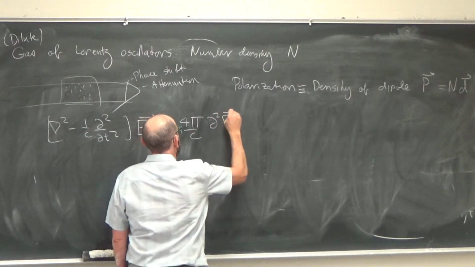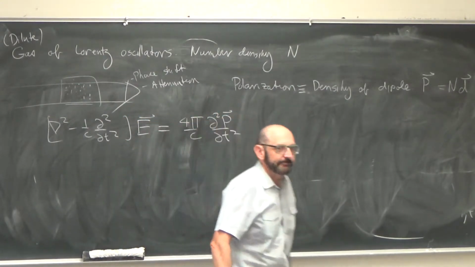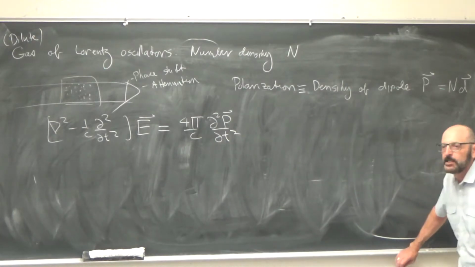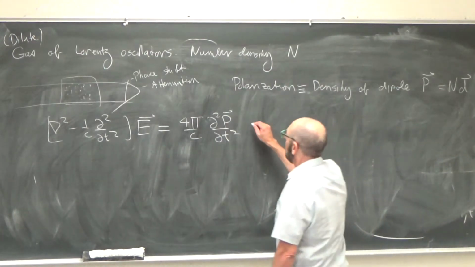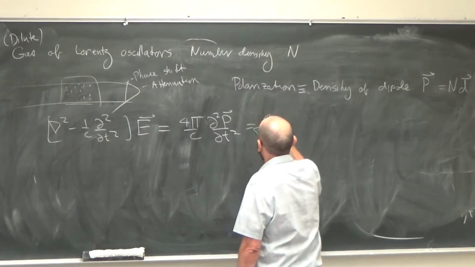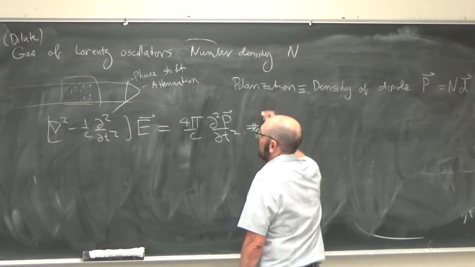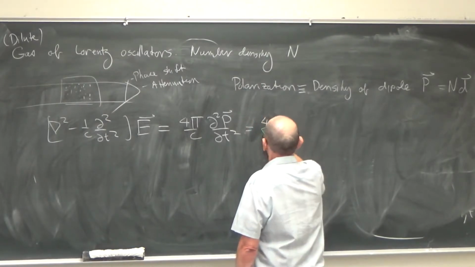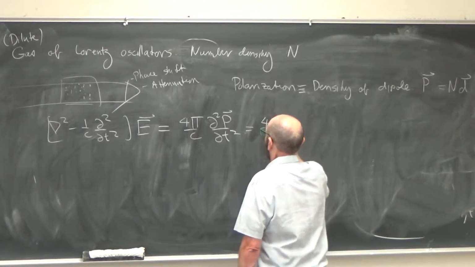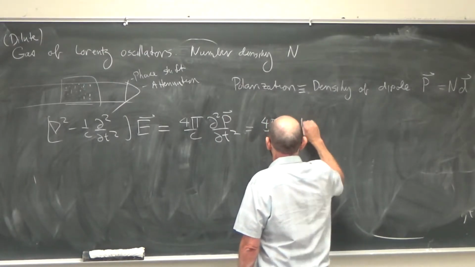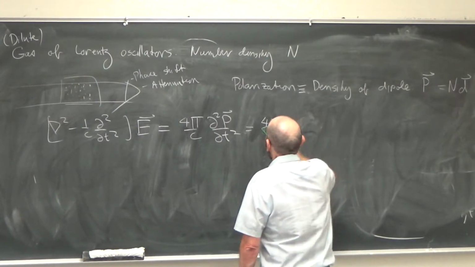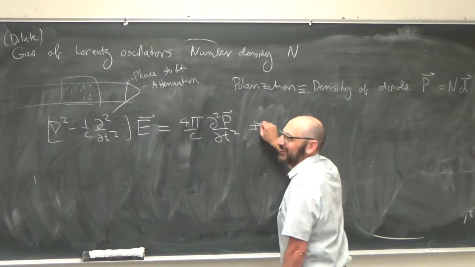And these units look like that. And 4 pi is 1 over epsilon. All right. And so this then is equal to 4 pi n over c squared, the second derivative of the, yikes, I'm not going to do that.